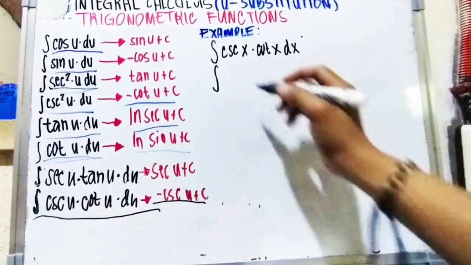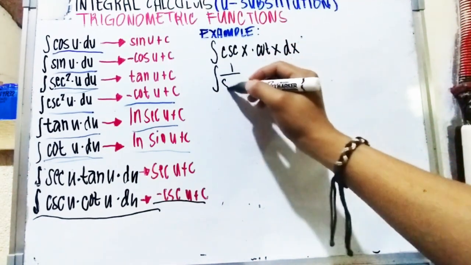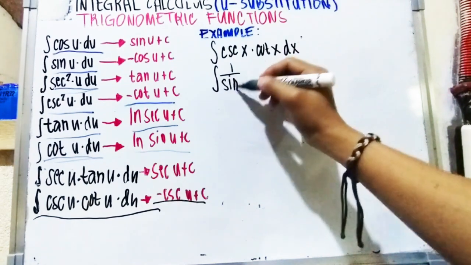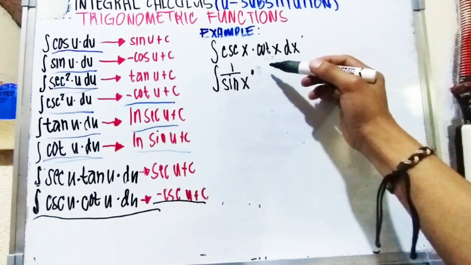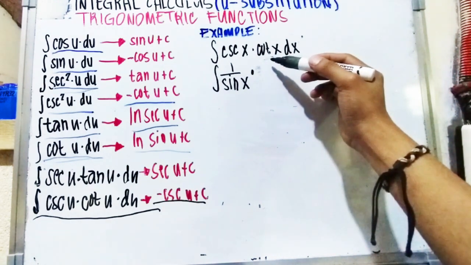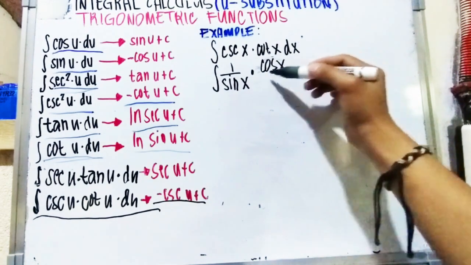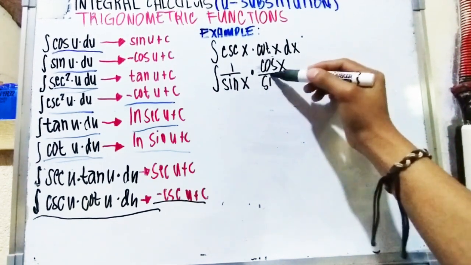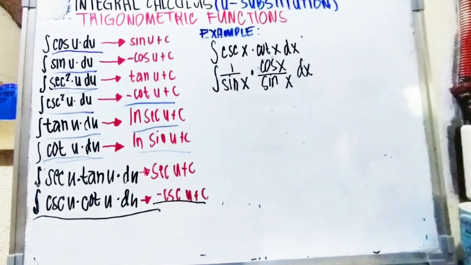So, rewriting, we can say that cosecant x is also equals to 1 over sine x. Or for cot x, it's just the same, or let us say na yung cotangent x is just the same as cosine x over sine x and dx.